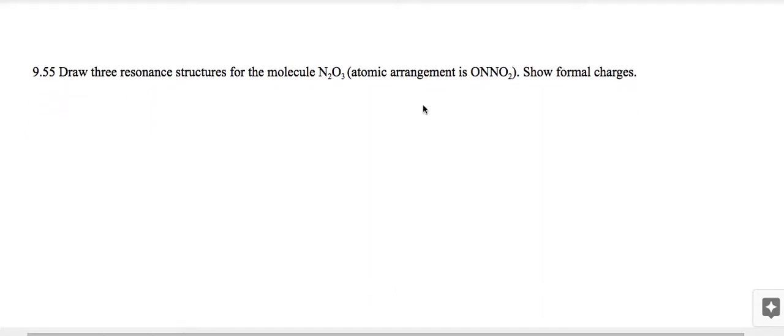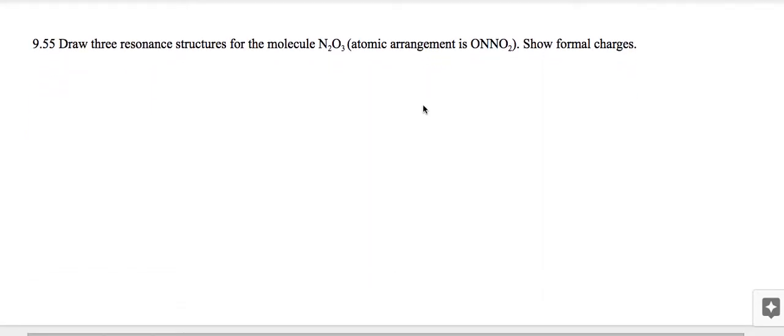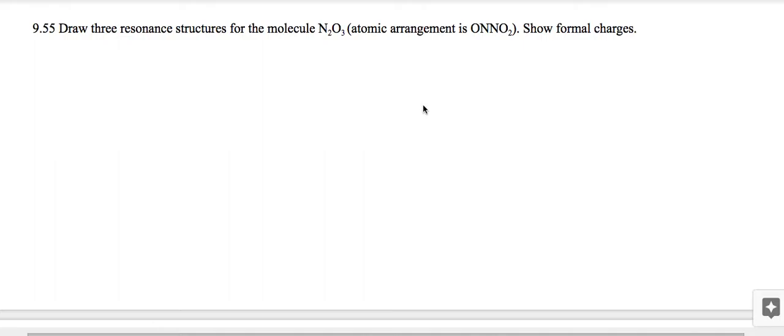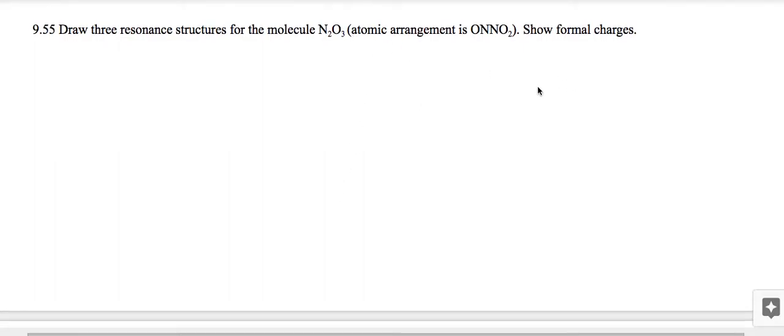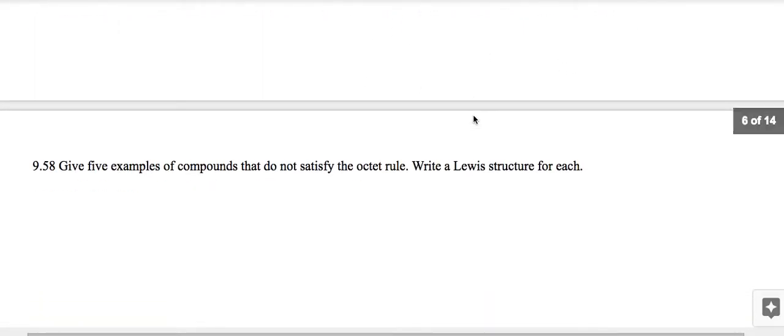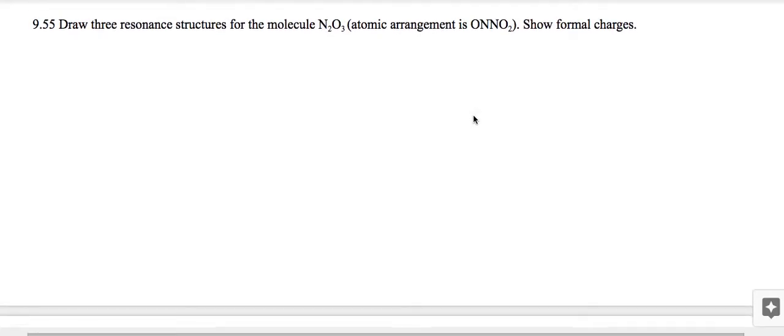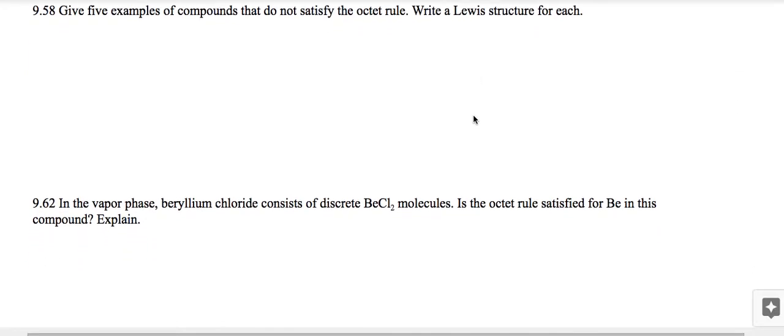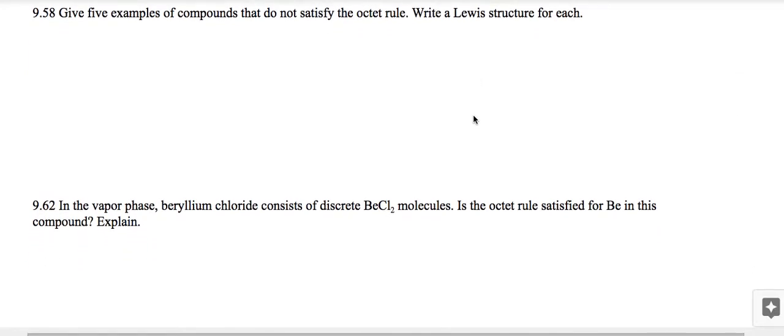I'm going to skip 55. You can too. It's possible, and there's more than 3 resonance structures for this atom, but it's beyond what we need to know. 58. Give 5 examples that do not satisfy the octet rule. Write a Lewis structure for each. This could be a number of things.